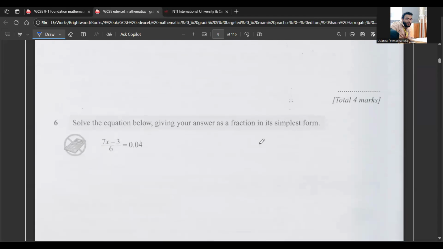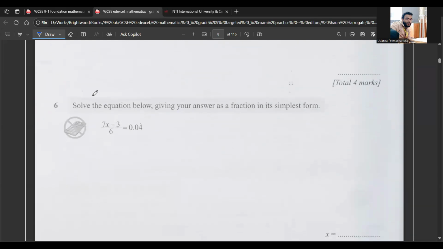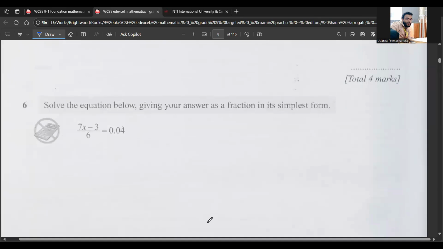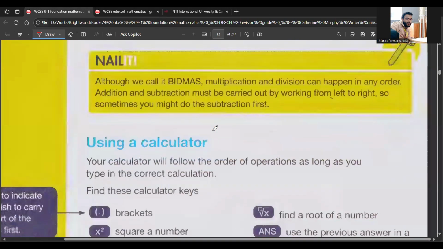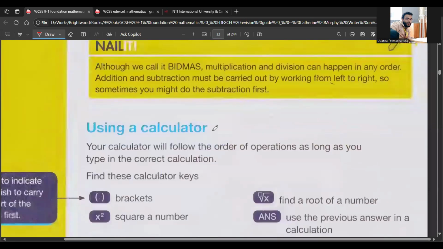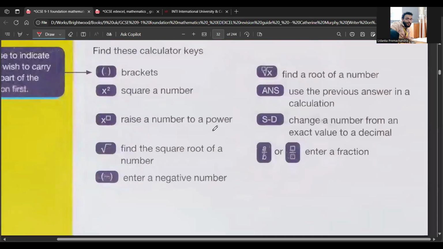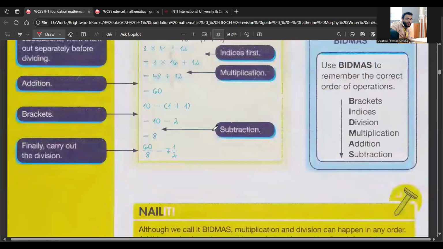Now I wanted to get the answer for this one. Do you know how to get the answer for this one? Before that, these types of questions, they have an order. You have to go with BODMAS order: bracket, indices, division, multiplication, addition, and subtraction.